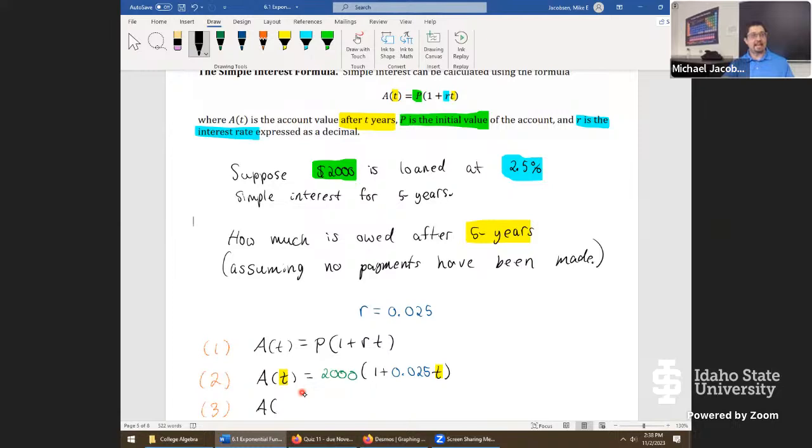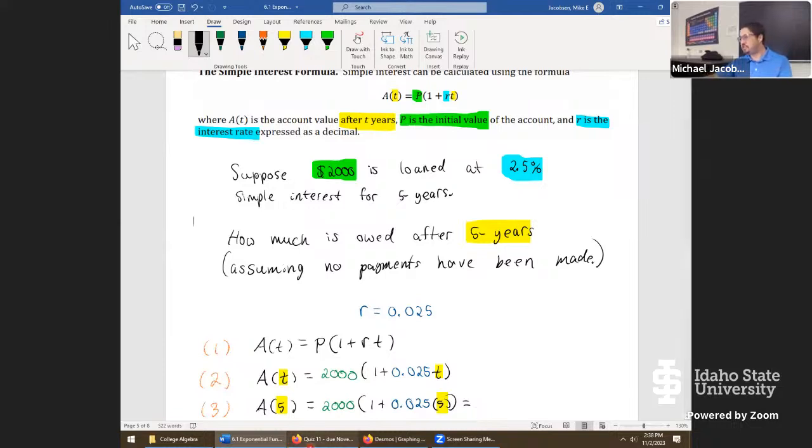So the amount owed, that's A of 5 years, is going to be $2,000 to start, but now it's multiplied by 1 plus 0.025 multiplying 5 for 5 years. So that's what happened to our time variable. And now it's just a matter of throwing it all into the calculator and seeing what we get. Any questions at all first, folks, with putting that formula down to this here?